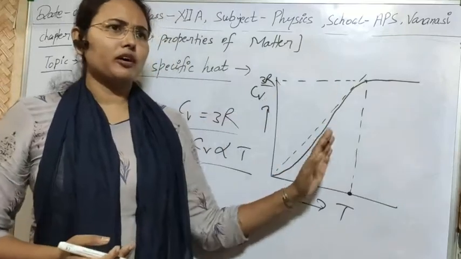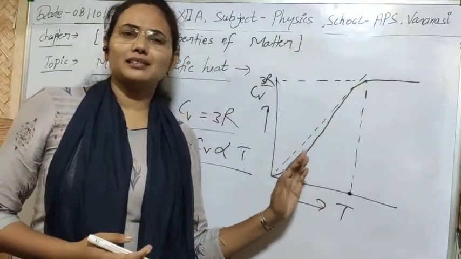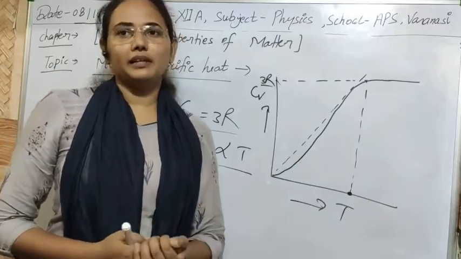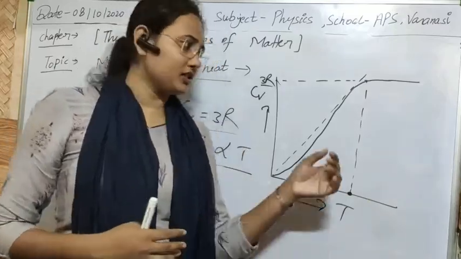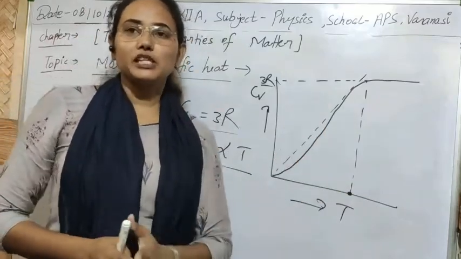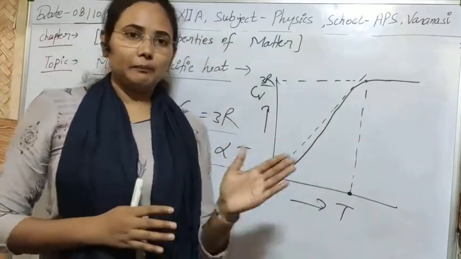For most solids, the Debye temperature is around room temperature, but this can vary depending upon the nature of the substance. So this is the variation of specific heat with temperature.